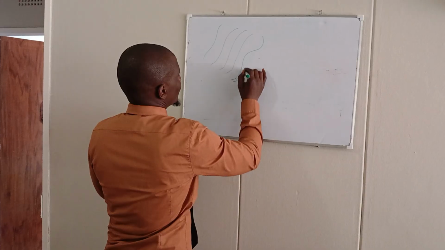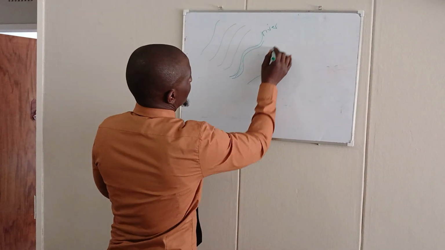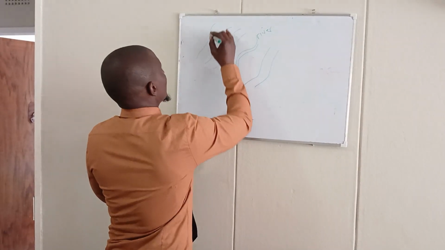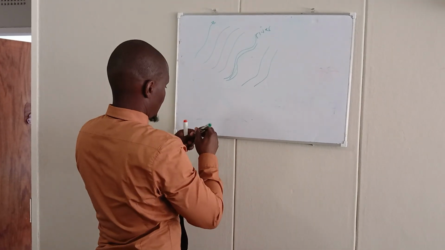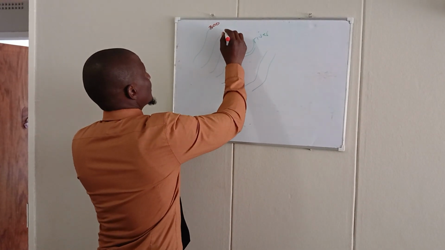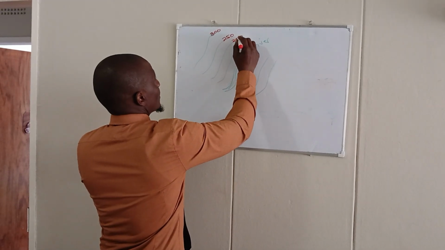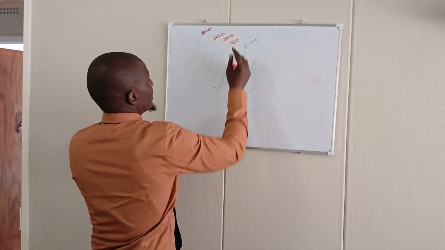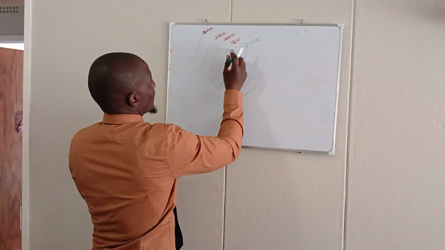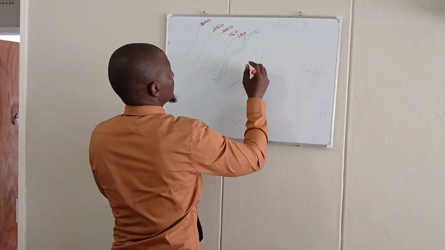We'll use this as our river, and I'll use this as well. This one I'm going to mark as 300, this one 250, 200, 150, I'm going to have 100 here.